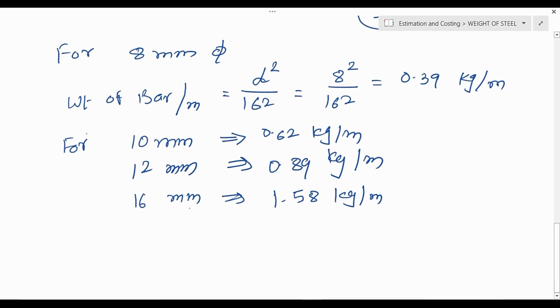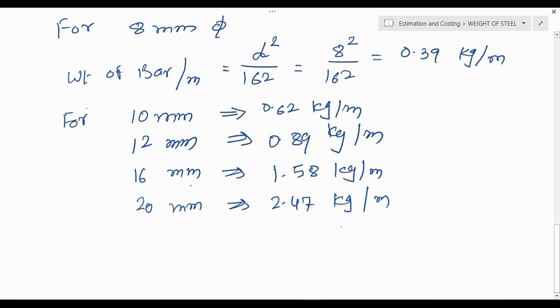For the next bar, the 20 mm bar, the value becomes 2.47 kg per meter. After 20 there is the 25 mm bar. For 25 mm the weight is 3.85 kg per meter.